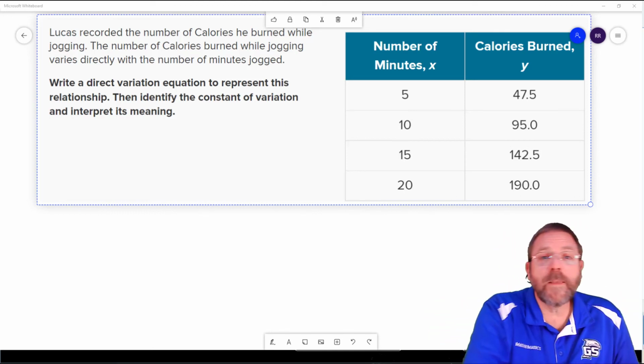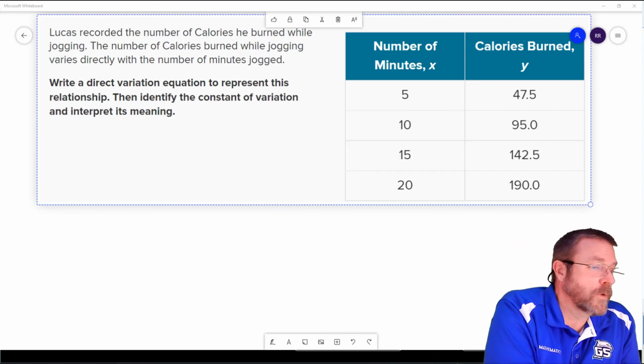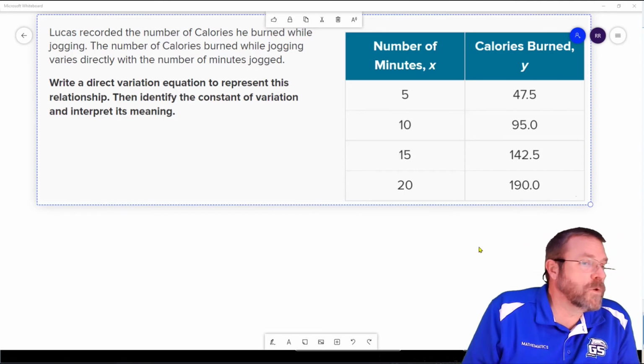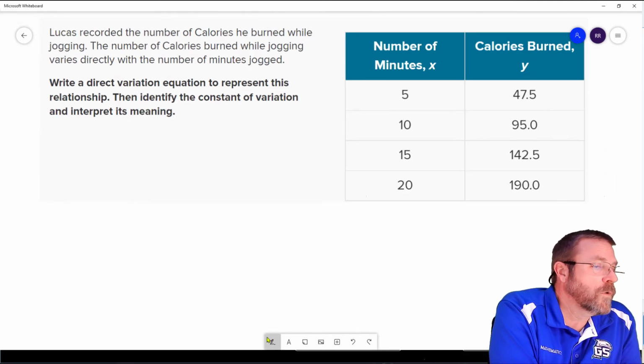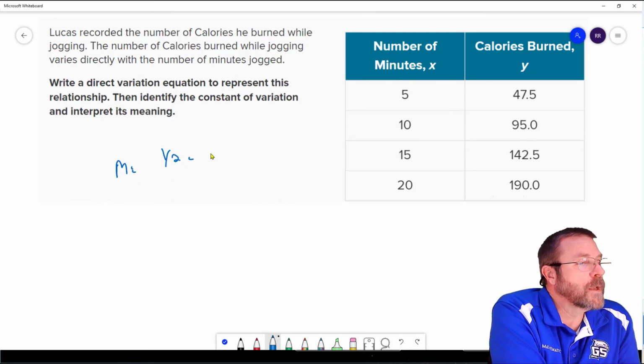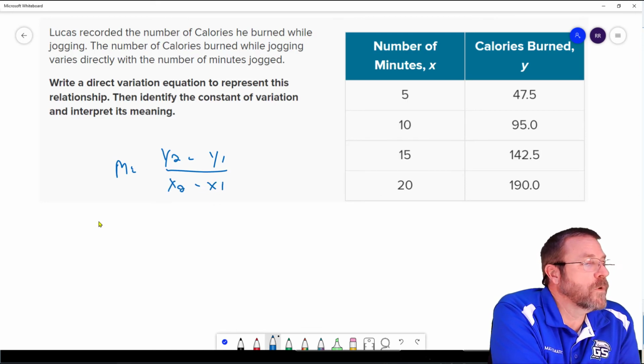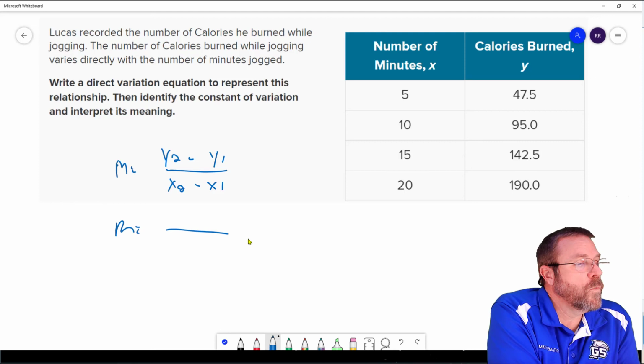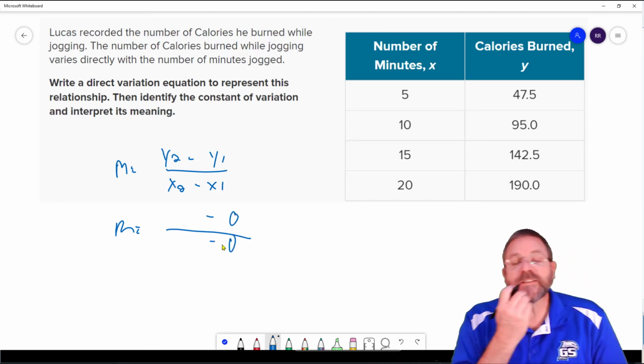So going way back in our Wayback Machine, one of the things that they taught us was that we could use this formula. We could say that slope is equal to y2 minus y1 over x2 minus x1, and we could do that where our y1 and our x1 are both going to equal 0.